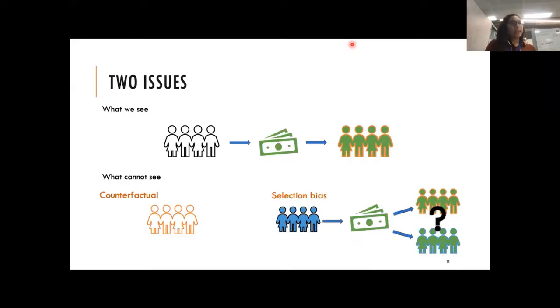And selection bias is basically the fact that our non-participants can have an outcome that is very similar to our participants' outcome, but it is not necessarily the case. They can have a completely different outcome, and we really don't know.